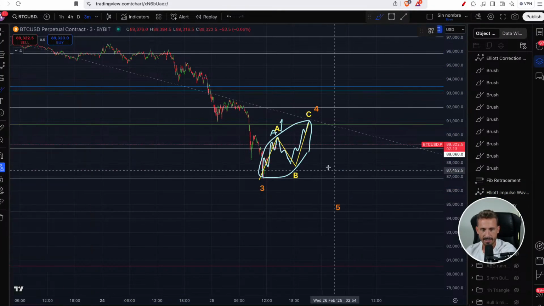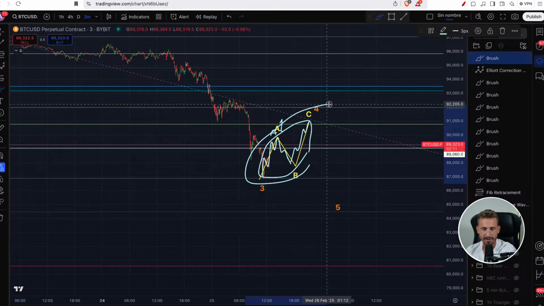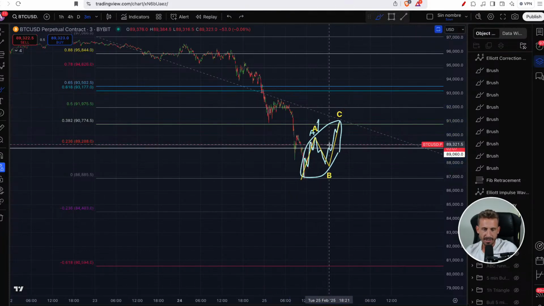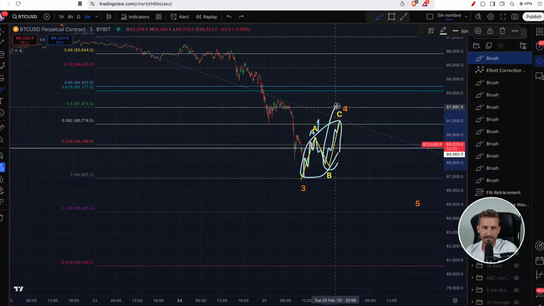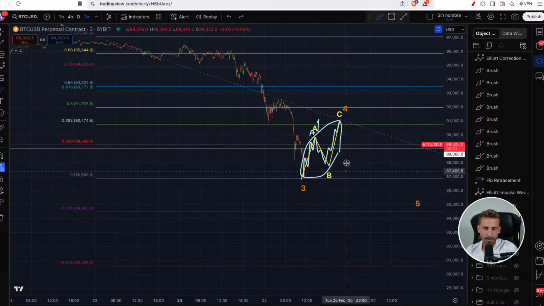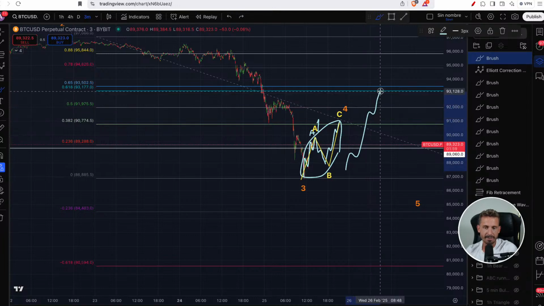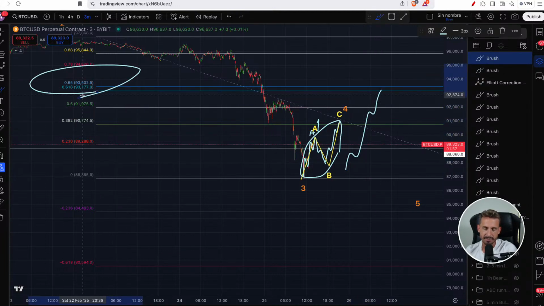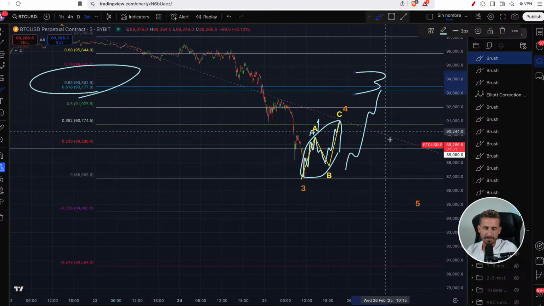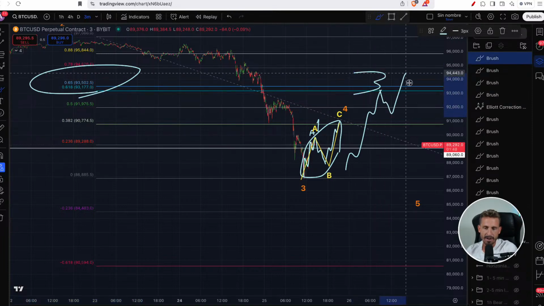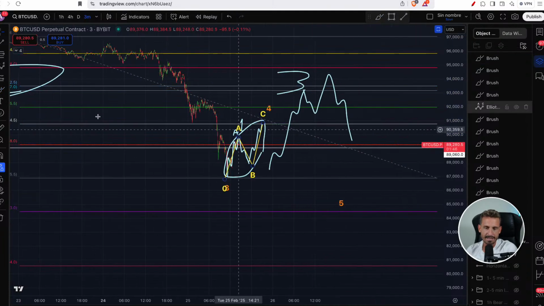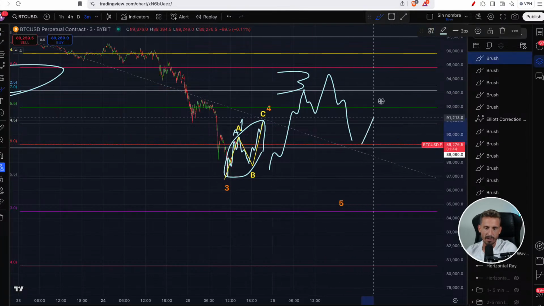So analyzing the map in the next coming hours will give us a lot of information. And eventually, if that C wave does go as high, you form a 1, 2, 3, 4, 5 as the golden pocket, the $93,000, I will consider this a 3rd wave, and you're forming 4, 5 correction. This is looking bullish.